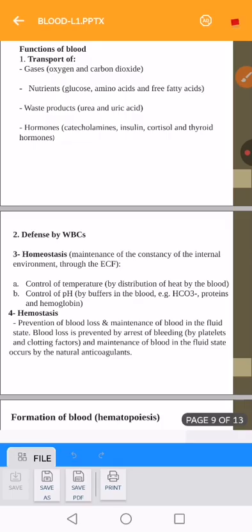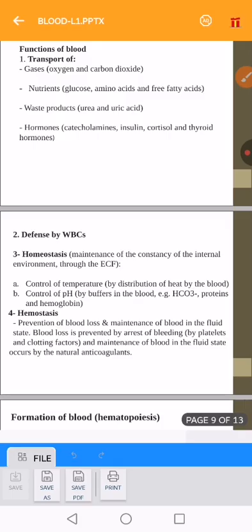To prevent blood loss, we have platelets and clotting factors. The platelets and clotting factors prevent the blood loss through the maintenance of the blood in a specific fluid state. And to prevent the blood from clotting, we have natural anticoagulants. All these circulate in the blood.